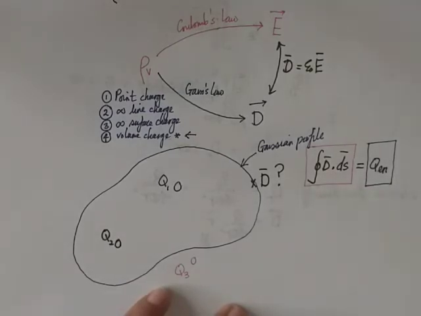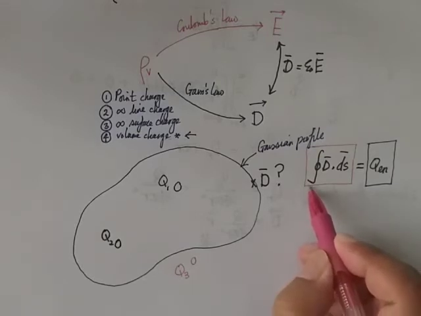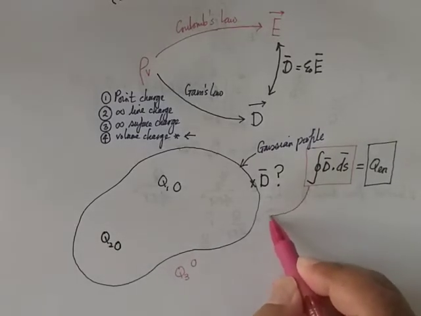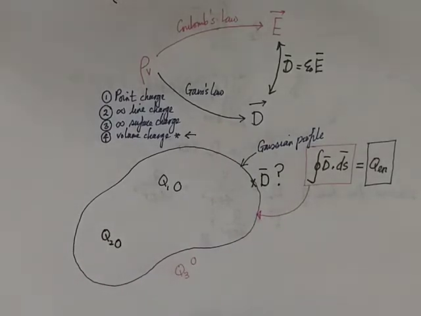So I must relate the equation to the diagram that I already built, the sensor that we already built, which we call the Gaussian profile. The left-hand side of this Gauss's law equation must be related to what you extract from the surface of your Gaussian profile.